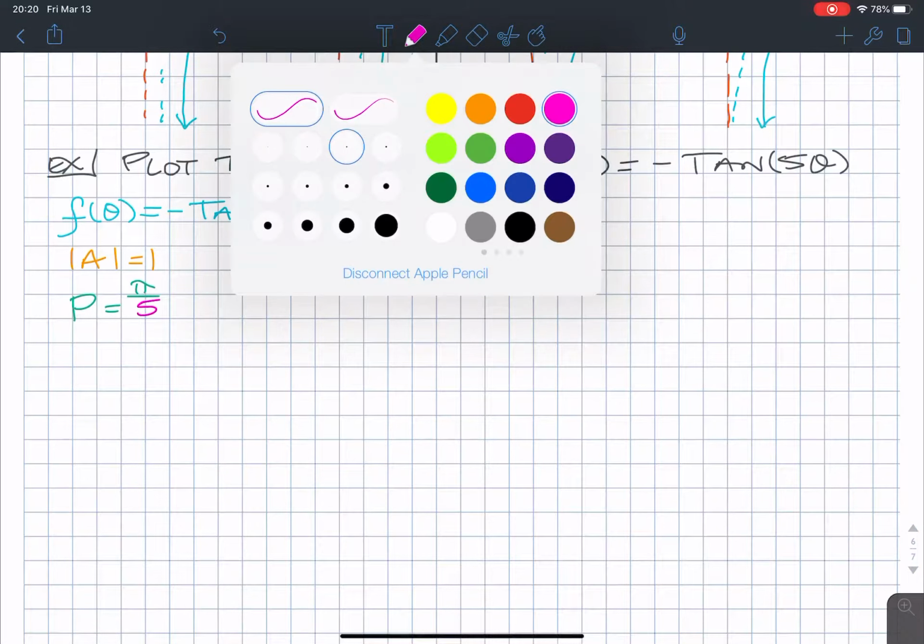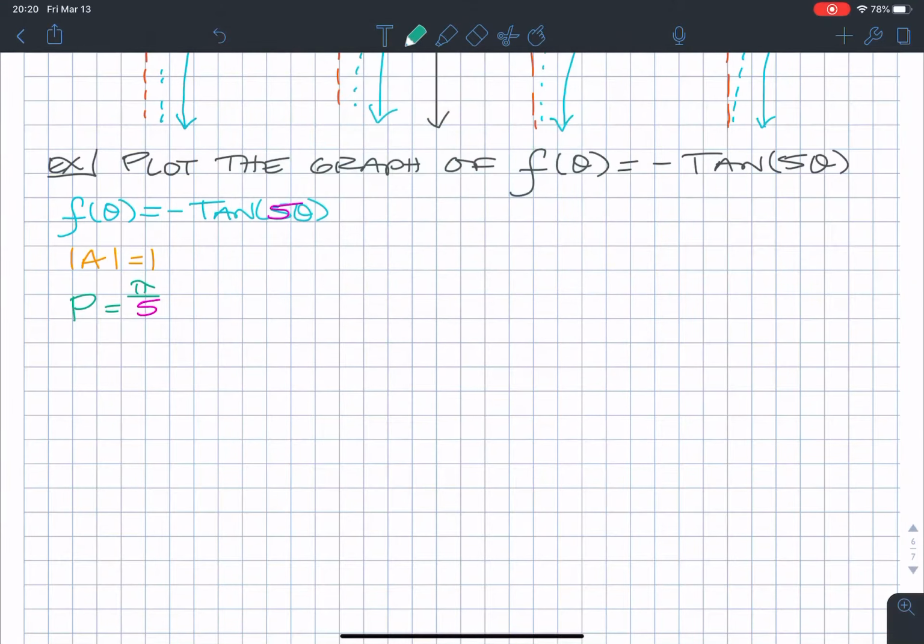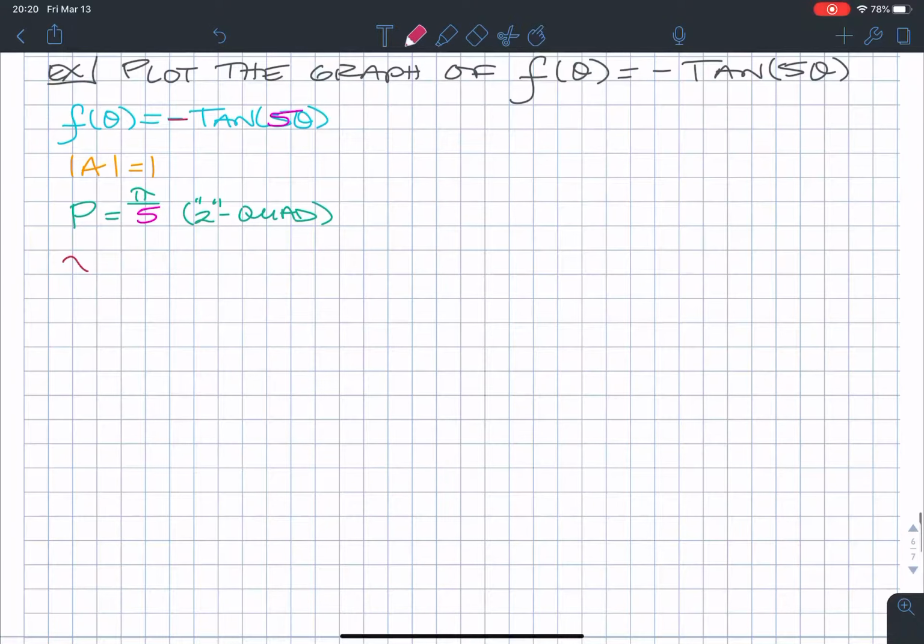And what about this negative sign in front? That means it's a reflection about the x-axis. So let's go ahead and plot that. So theta versus f of theta coordinate axes.